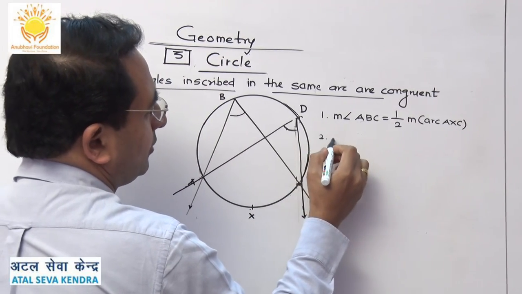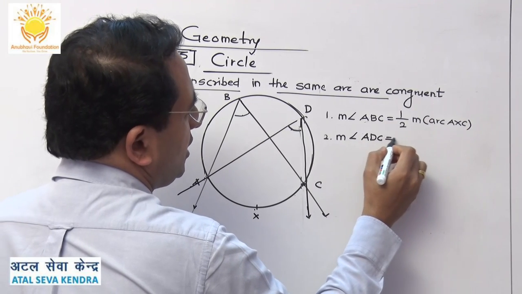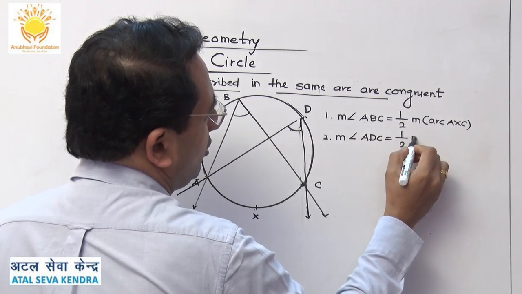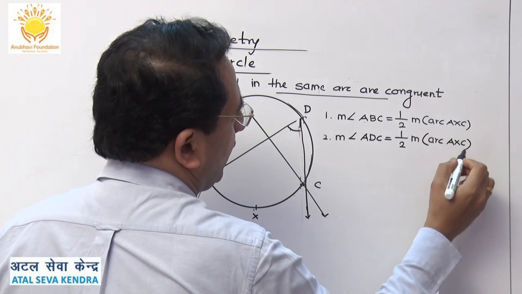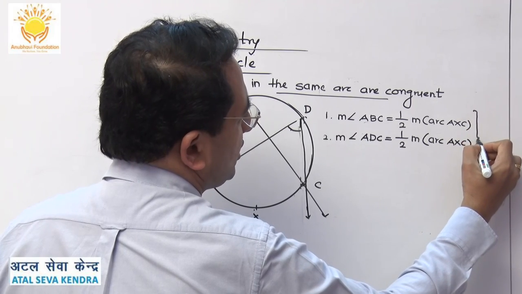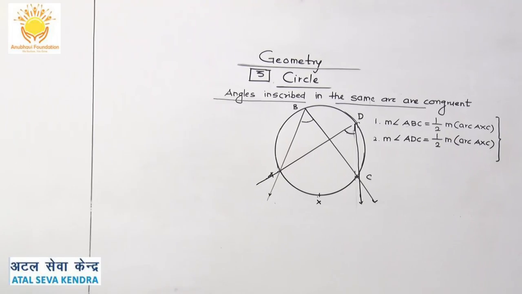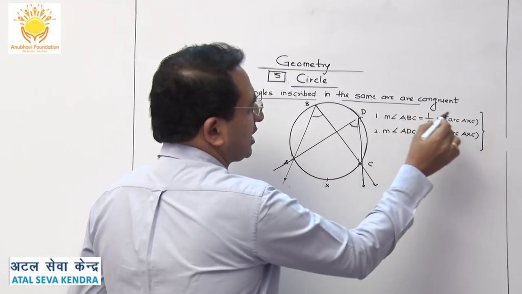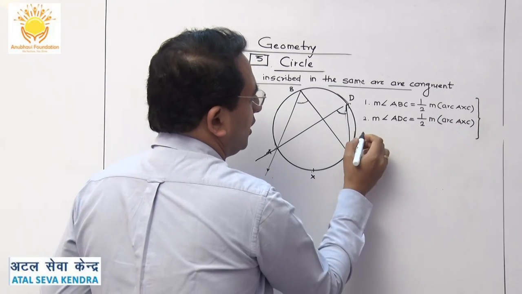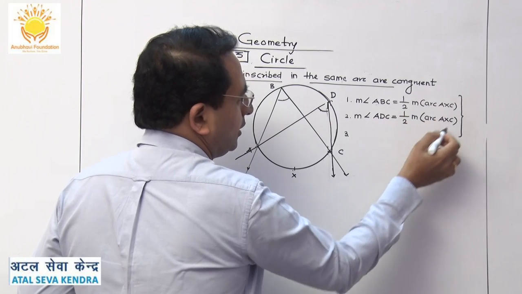Second statement: measure of angle ADC is 1/2 times the measure of arc AXC. Correct? Both statements have the same right hand side. The reason is the same. What is the reason? Inscribed angle theorem.